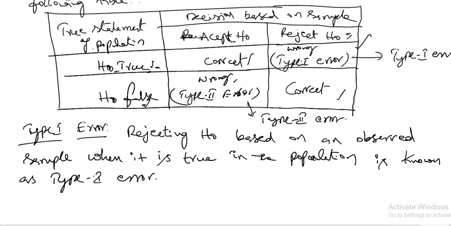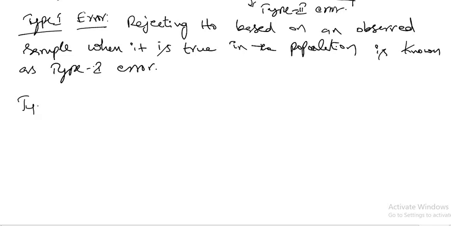Type 2 error: if it is false and we accept H naught, then that is type 2 error. Okay, next definition.